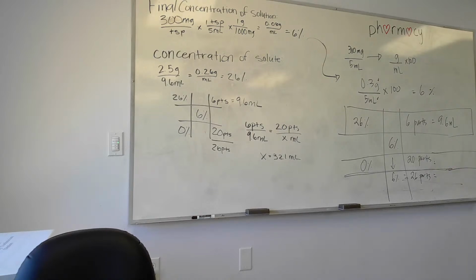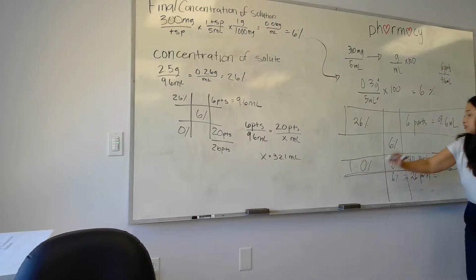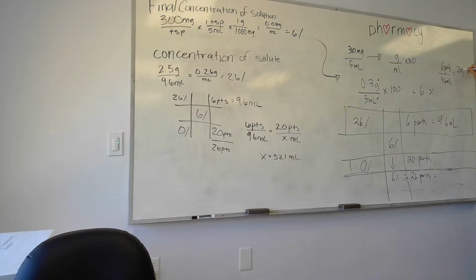So 6 parts is 9.6 ml. What are we solving? Water part, correct? 20 parts. What is that? 32.07, which is 32.1 ml. So after I solve this, any problem can show up now. So what's the total?